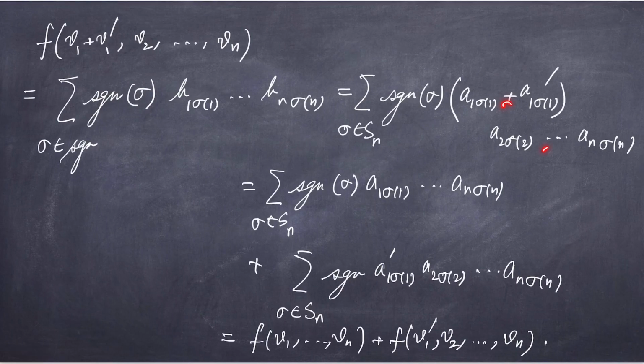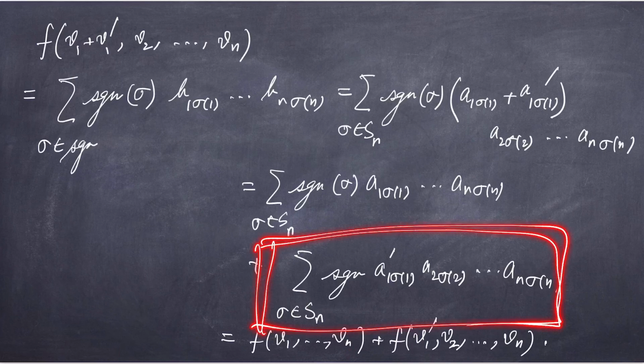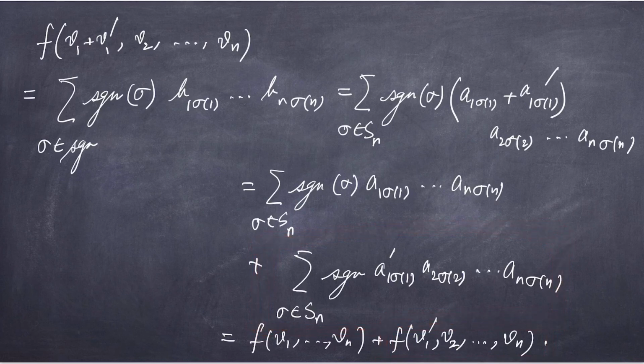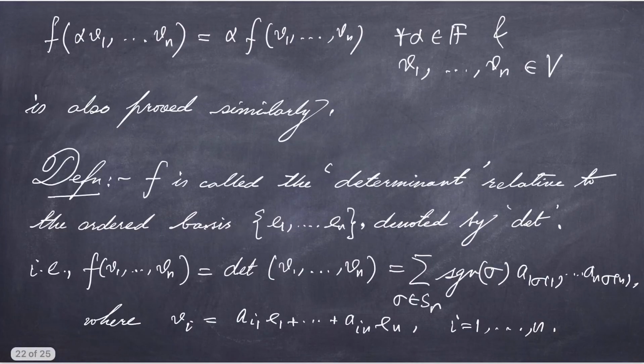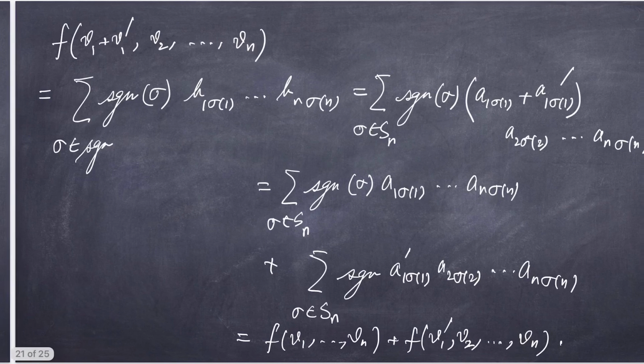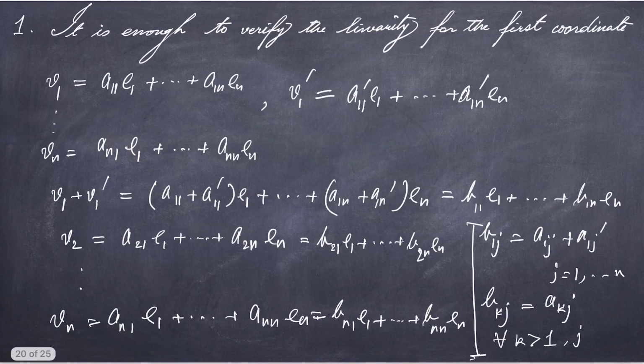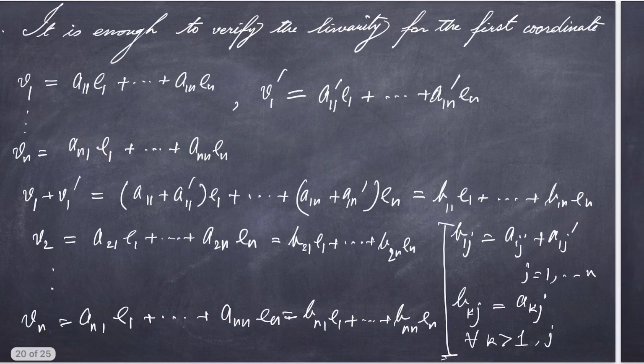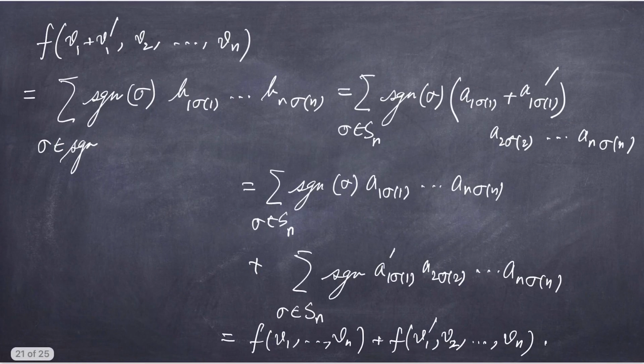So now we are allowed to split that into two parts. This sum corresponds to the value of f(v1, v2, ..., vn), and this can be seen to be this from the definition. So we have proved that once we have frozen the components from 2 up to n, the function in the first variable preserves the vector addition.